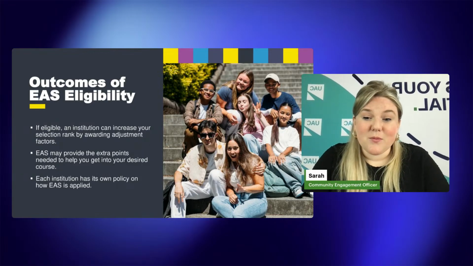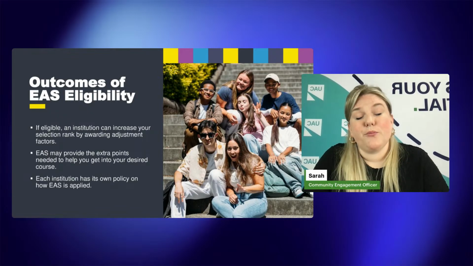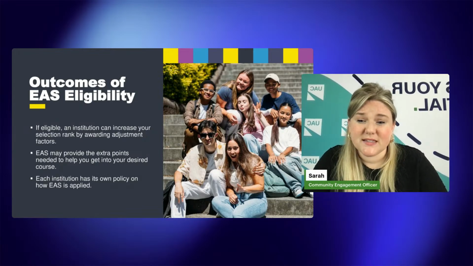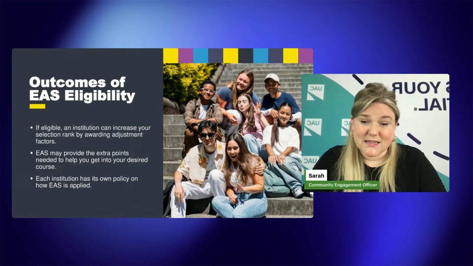What they do is they can provide those extra points needed to help you get into your desired course. So, for example, maybe the selection rank for your course is a 72 and you got a 70, but you were eligible for some EAS adjustment factors. That could bring you up to that 72 to get you into your desired course.